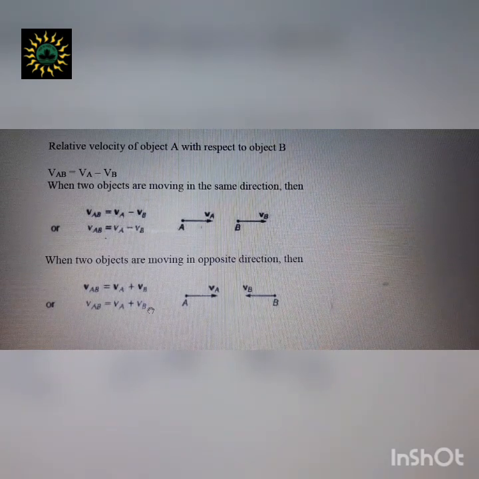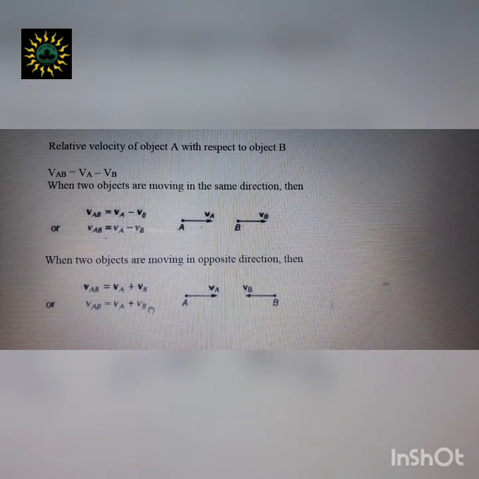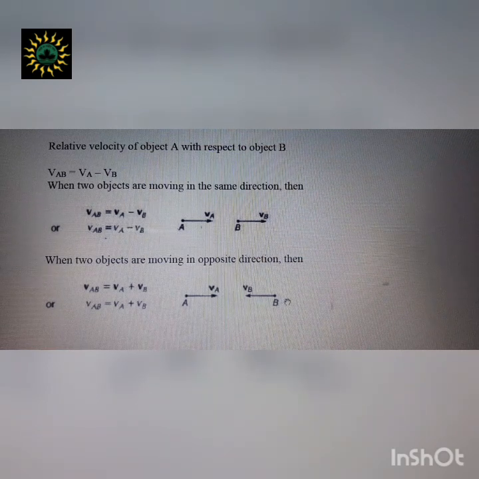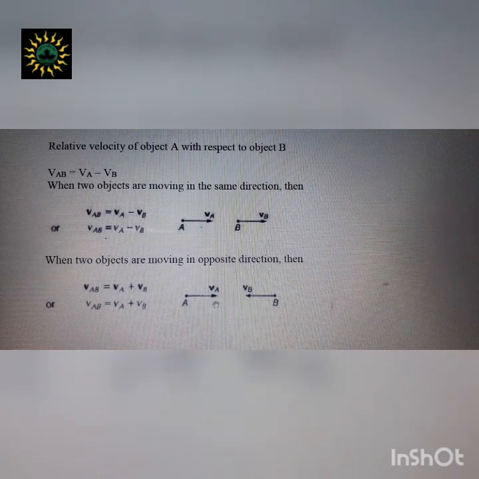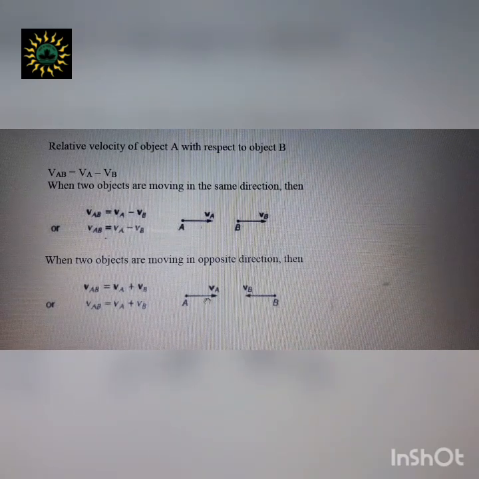Okay, understand? I am repeating once again. Suppose body A is moving from left to right, and body B is moving from right to left. If we take VA velocity as positive, then we have to take VB velocity as negative, because it is in the opposite direction of VA.